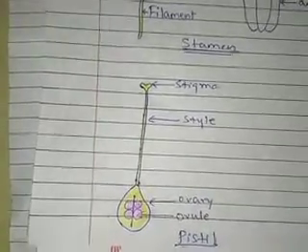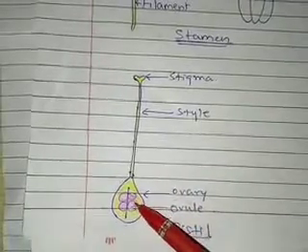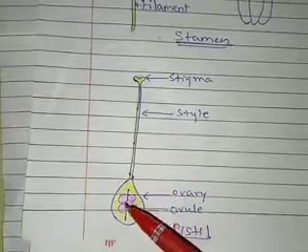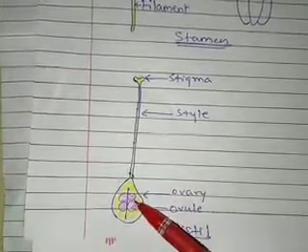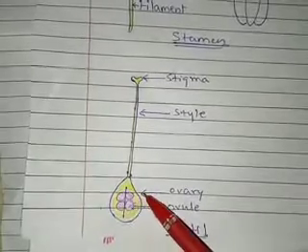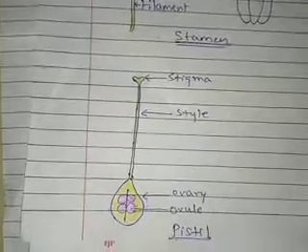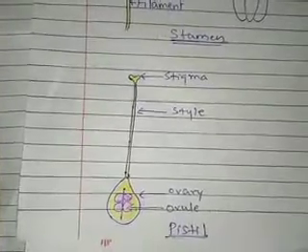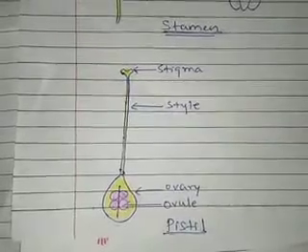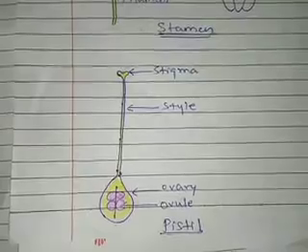Within the ovary, you will find ovules. Within the ovule, the female gamete called the egg is present. The ovules are attached to the wall of the ovary with the help of a tissue called the placenta. Remember the term placenta.